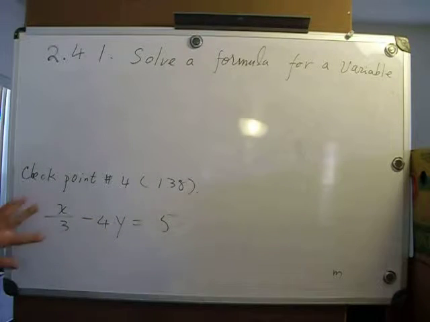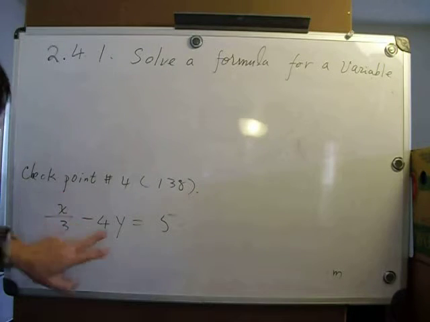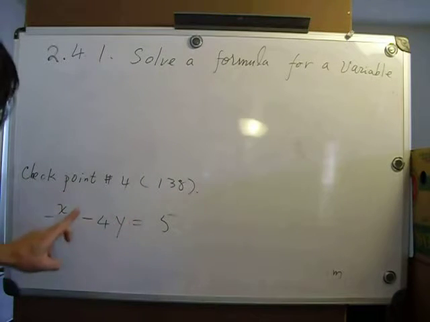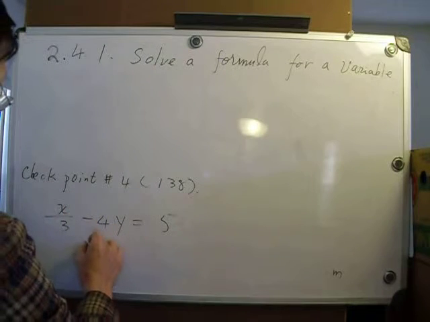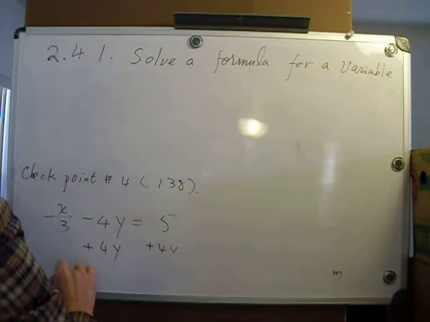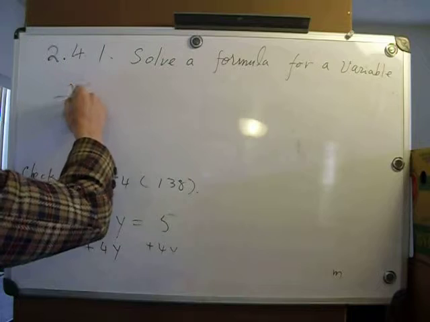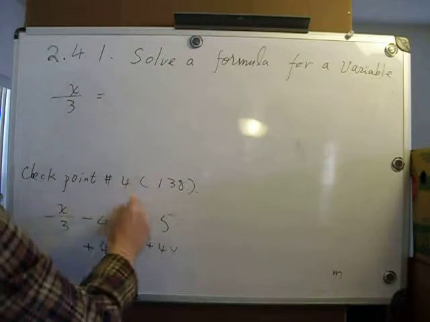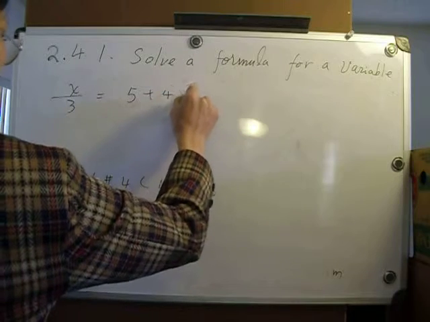So we want to solve for x, but here we want to delay this. You get rid of the negative 4y first. Plus 4y, plus 4y. So what you see is, move it up here, you get x over 3, this cancels, equals 5 plus 4y.